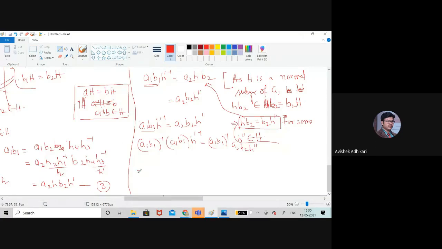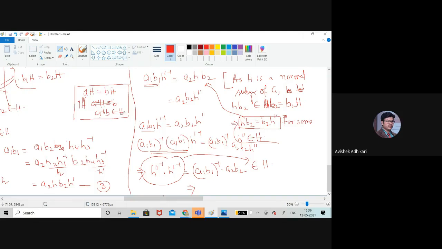Now I am again multiplying both sides by H double dash inverse. So this becomes E, right? Then H double dash whole inverse into H dash inverse equal to A1 B1 inverse A2 B2, and that belongs to capital H because this part is within H. Now what does this imply?